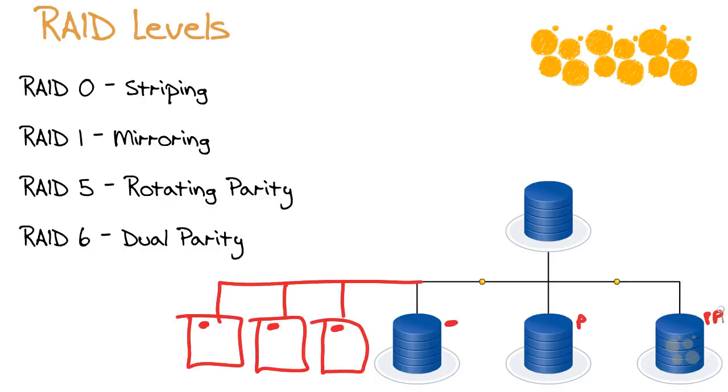And by the way, like RAID 5, we'll rotate that parity information. So we can do chunk, chunk, chunk, parity, parity, chunk on the next striping across these disks. Guess what? With RAID 6 and the dual parity approach, we can now lose 2 disk drives and we'll be okay.